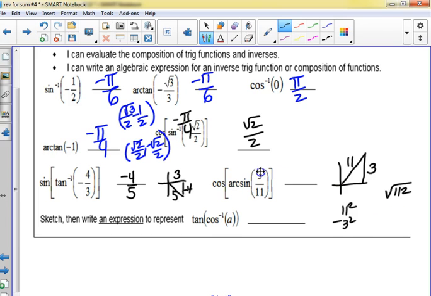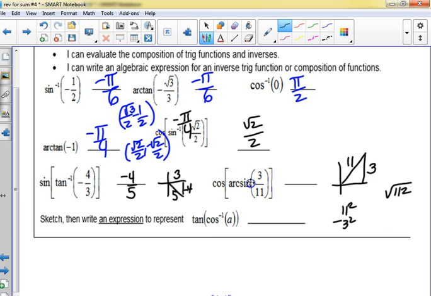Yes, it means you're looking for an angle. No. That's a great question because a lot of you did that on the quiz, guys. Inverse sine and arc sine don't flip anything over. What flips things over? Cosecant and secant. Inverse sine means you're looking for an angle.